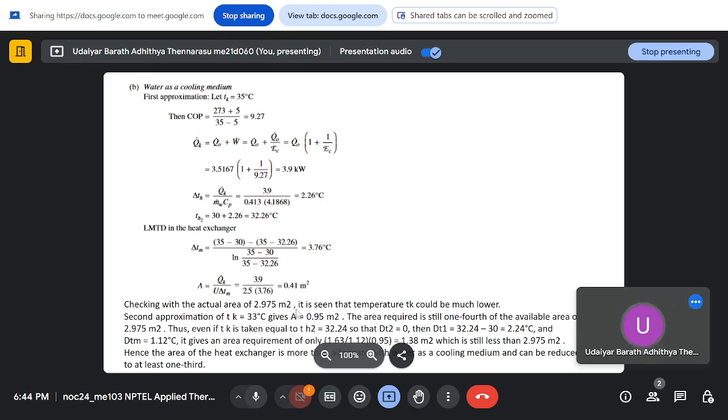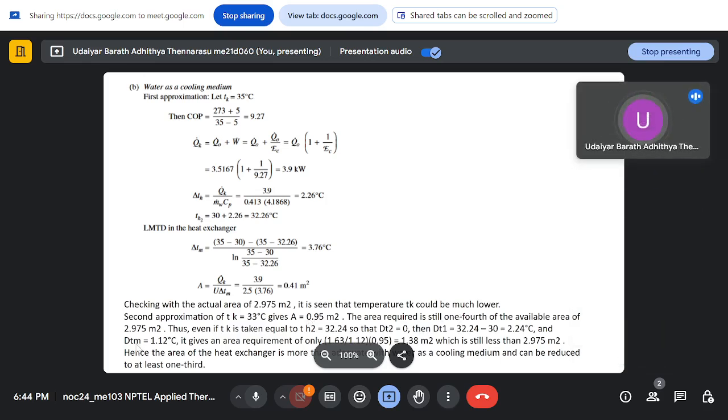With that, going through the same process again, the area will come out to be 0.95 meter square. So if you see, the area is still lower, and it's close to 1/4 of the actual area. So the condensing temperature will be even lower.